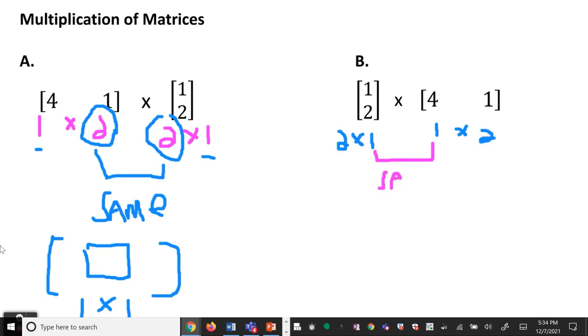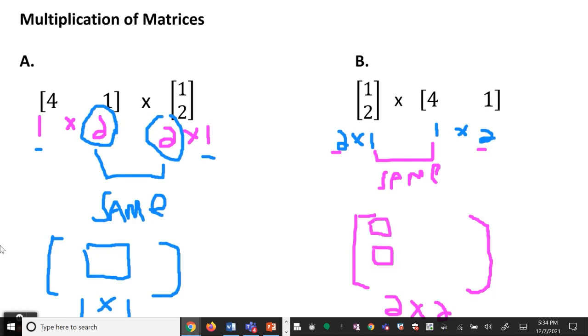So we say yes, you can multiply. So now the size of the result is going to be these outside numbers. So this would be a 2 by 2. So that means you're going to have a number here, a number here, a number here, and a number here.